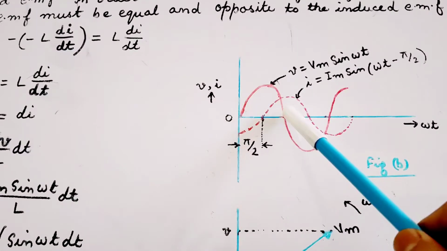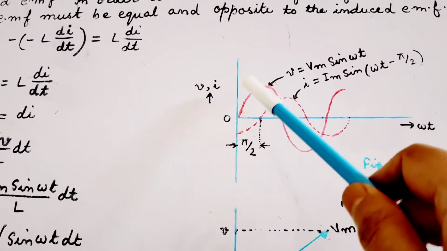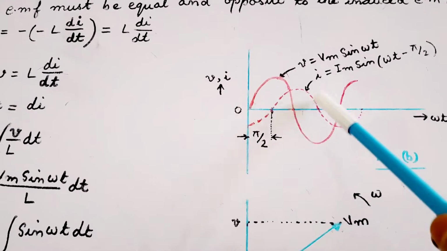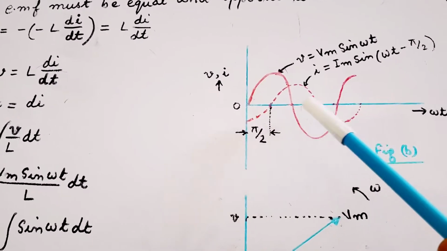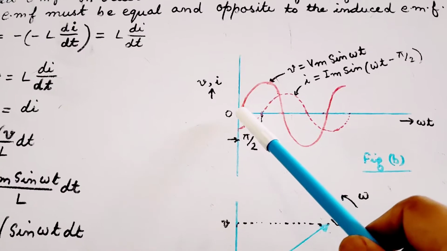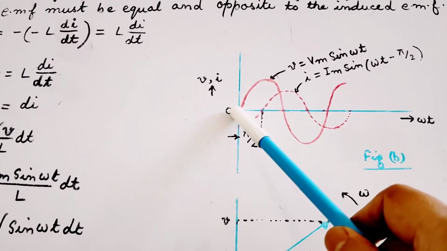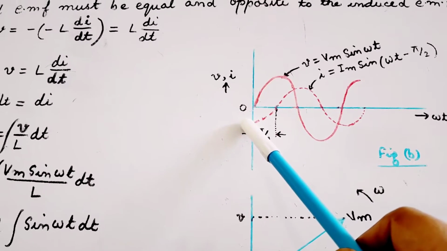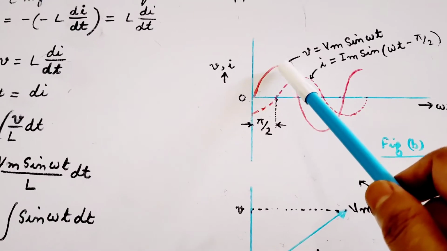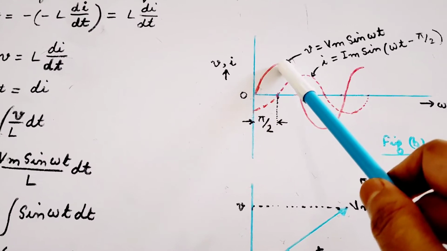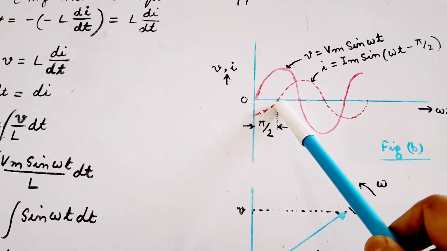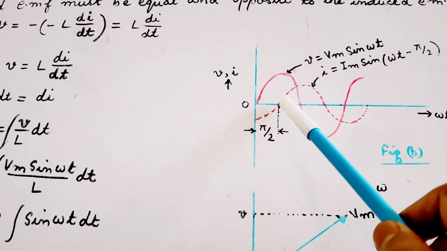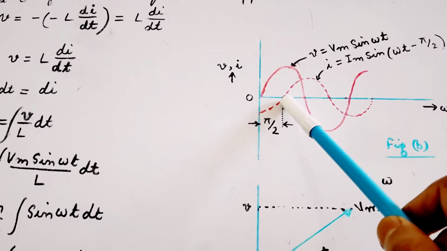This is the graph for the alternating voltage and this is the graph for the alternating current. From this graph we find that when the voltage v is 0, the value of the current is negative maximum. Similarly, when the voltage is maximum at pi by 2 or 90 degrees, the value of the current is 0.